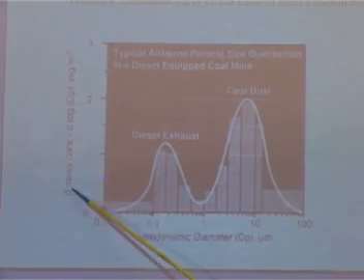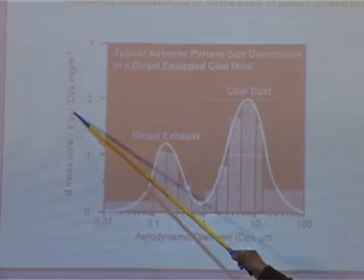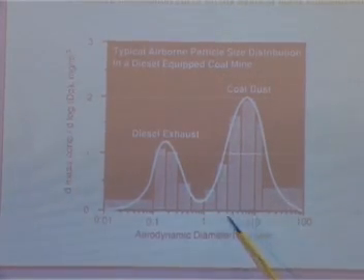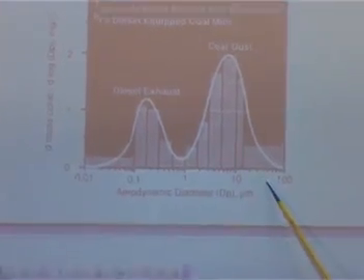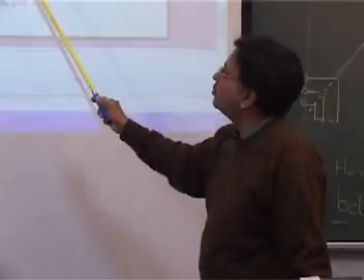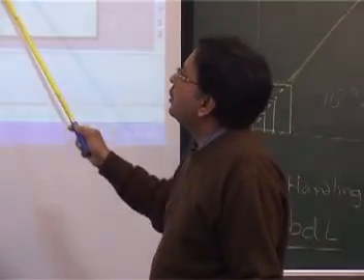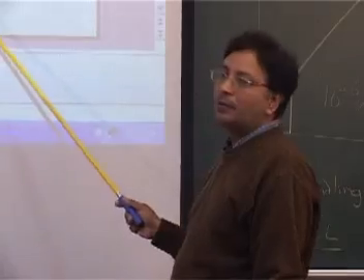So here you see the change in the mass with respect to the change in the diameter on the logarithmic scale, and typically we get this kind of distribution. So you get the bimodal distribution. One mode comes from the sources of particles which are generated more by mechanical operations.